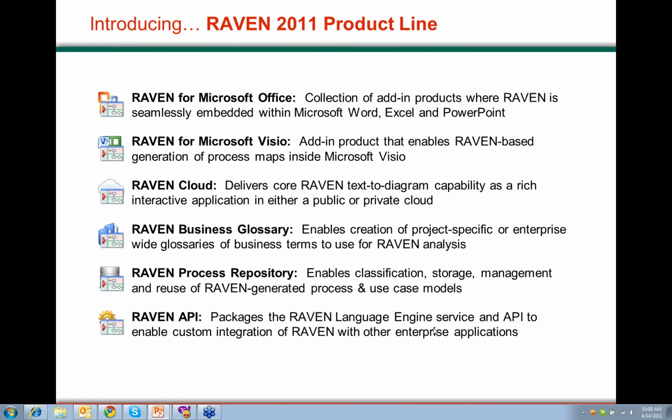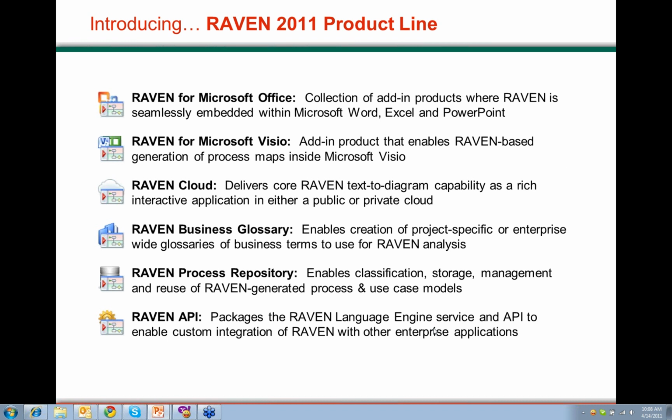You use it to describe the key actors and the objects that you reference in your requirements documentation, and that you reference when you author a process or use case narrative to be analyzed and visualized by Raven. There's also a process repository where you can take these process and use case models and store them away, index and classify them, and then retrieve them for later use.